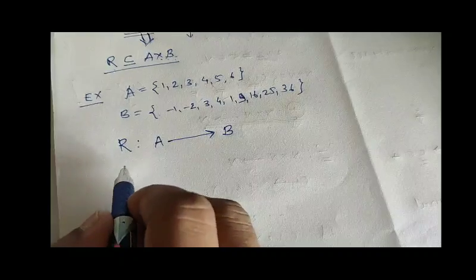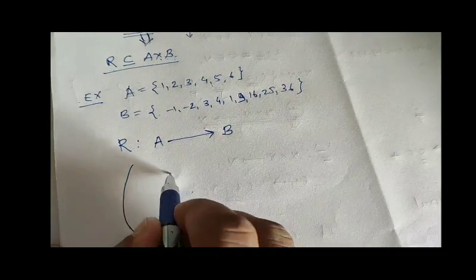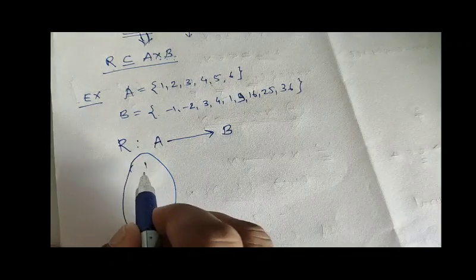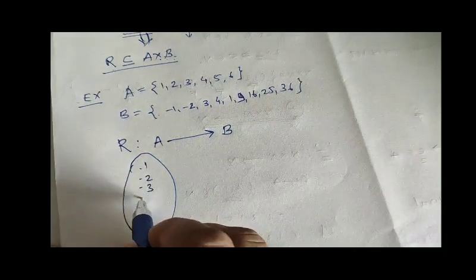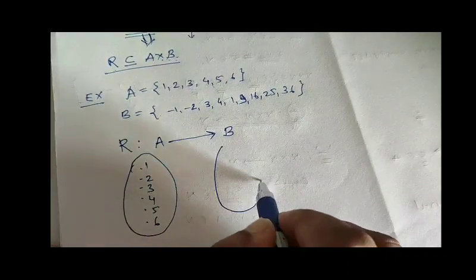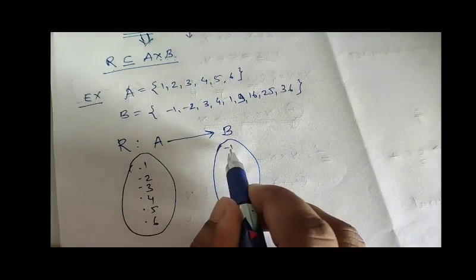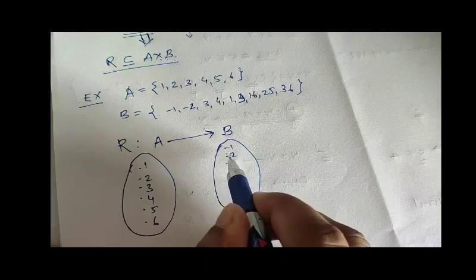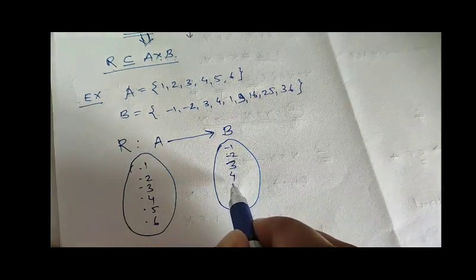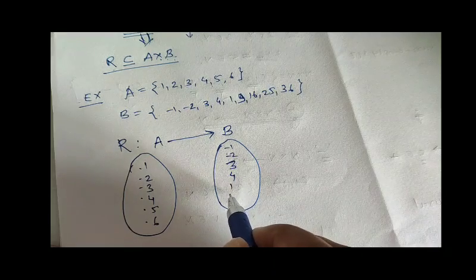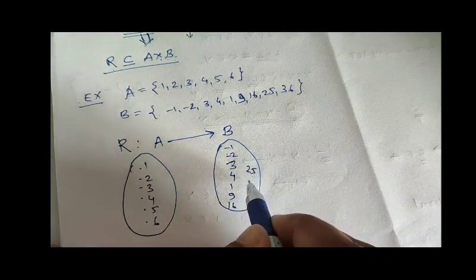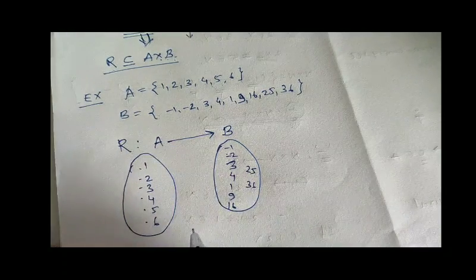Now we try to represent it by Venn diagram. So this is set A with elements 1, 2, 3, 4, 5, 6. The next set is B, with elements -1, -2, 3, 4, 1, 9, 16, 25, 36.